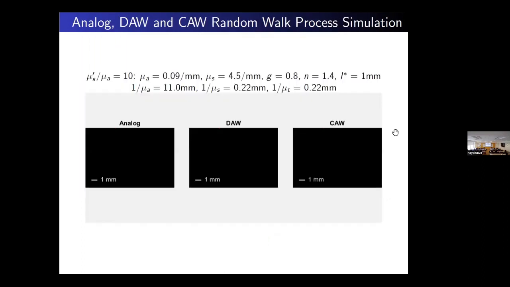So I made a little video. I took a situation where us prime over ua is 10. I give the actual optical properties. I made L star be about 1. I'm going to stop this and show you, hopefully I can stop. Let's see.